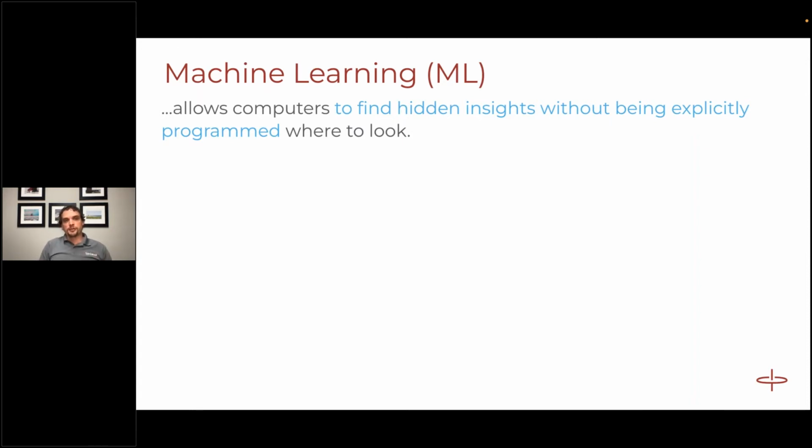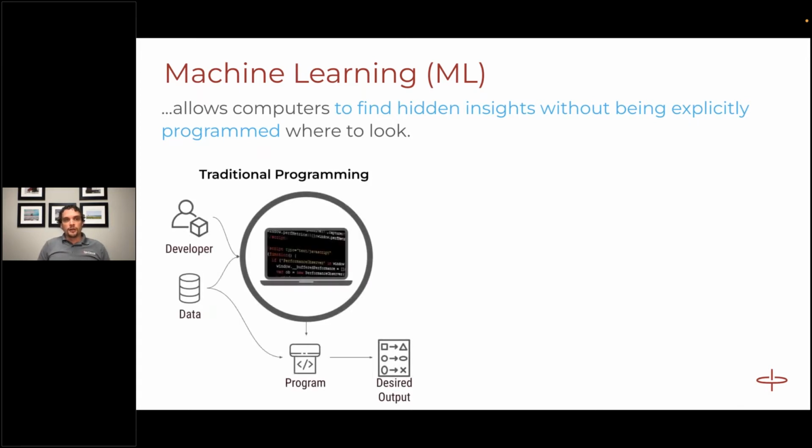So if you think about a more traditional approach to programming, usually you have some sort of data, you have some sort of desired output that you want to get out of that data. So you hire a developer, the developer looks at the data and starts to write a program that can give you the outputs that you want.